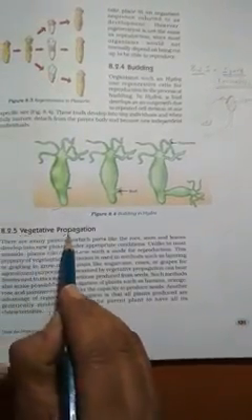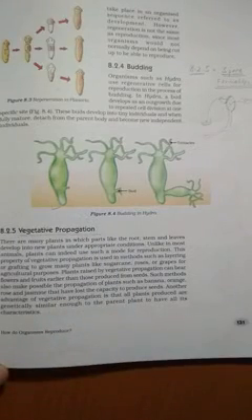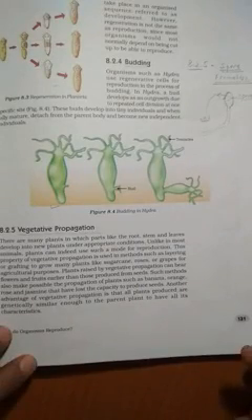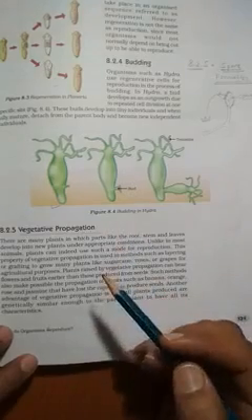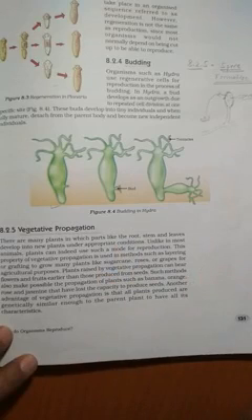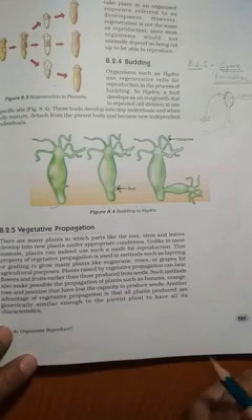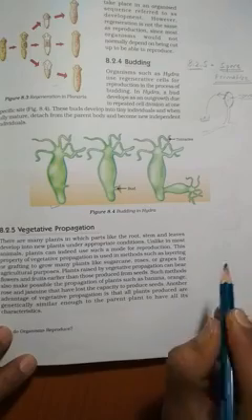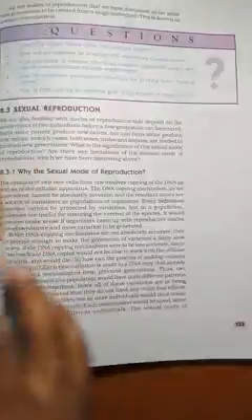Now what about vegetative propagation? Vegetative propagation is a mode of reproduction in which parts like stem, roots, leaves, meaning other than flower, develop into a new plant under favorable conditions. The example given here is a leaf of Bryophyllum.